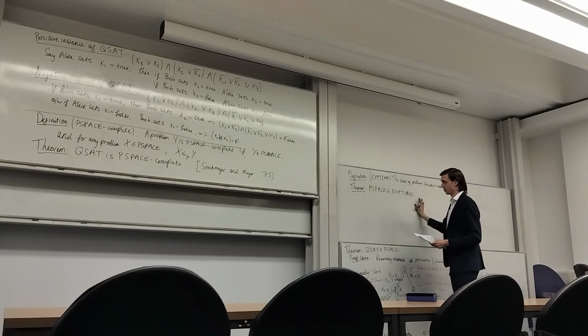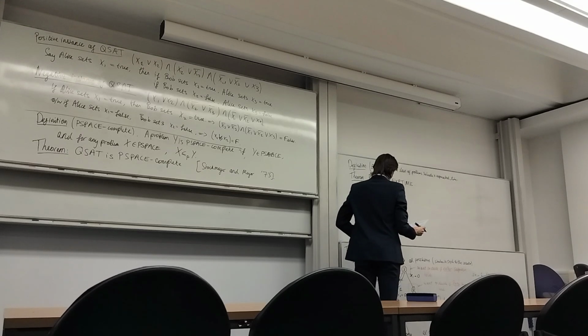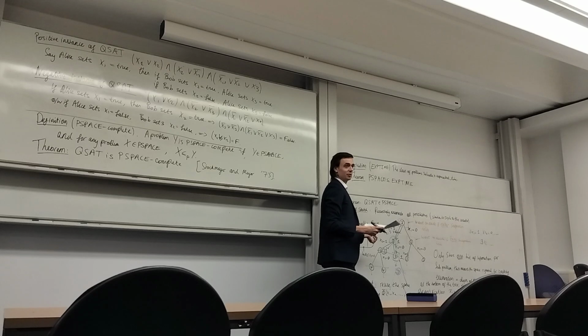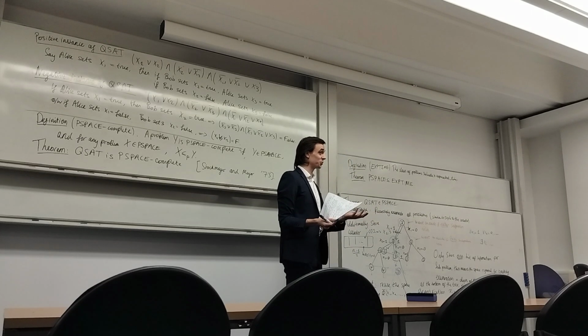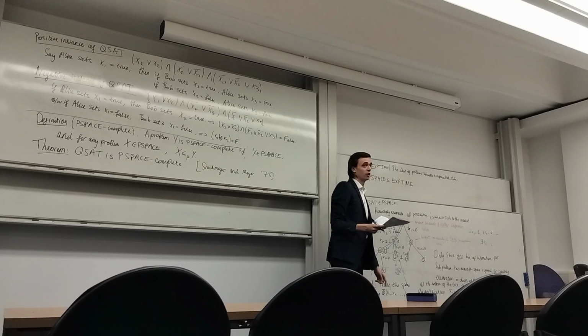Why does this hold? The fun thing is, this algorithm runs in exponential time. You just enumerate through the whole tree. The tree has exponential size, exactly 2 to the n minus 1 many nodes in this tree. And every evaluation can be done in polynomial time.